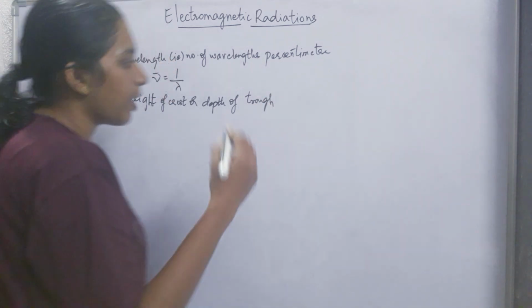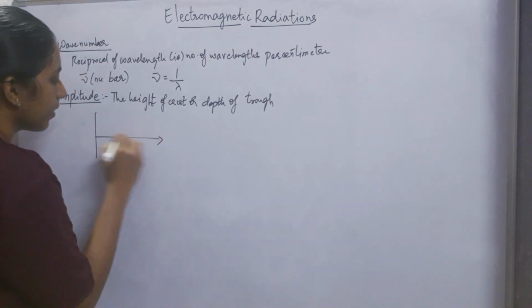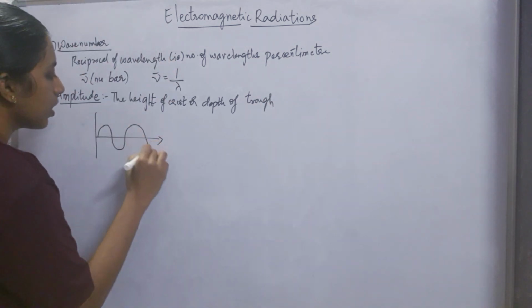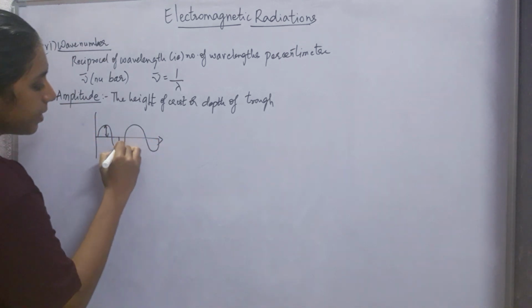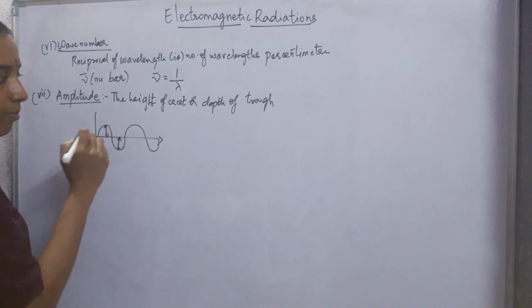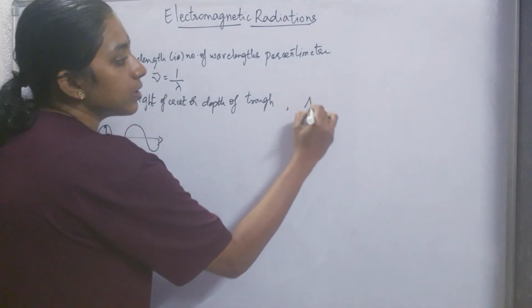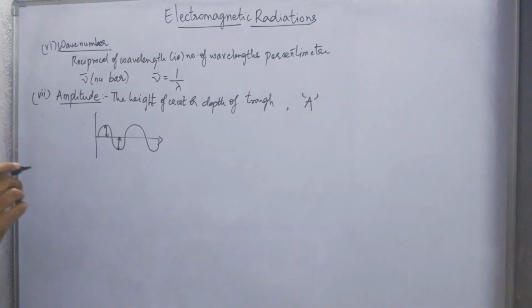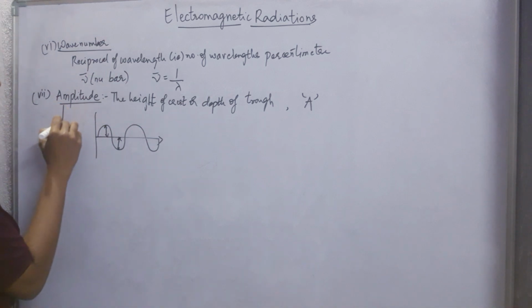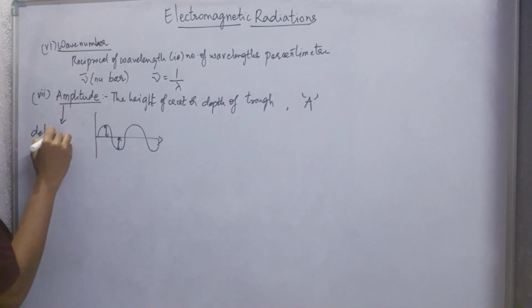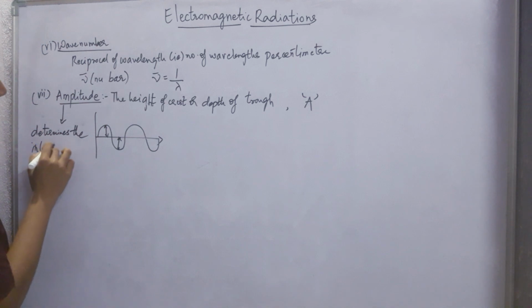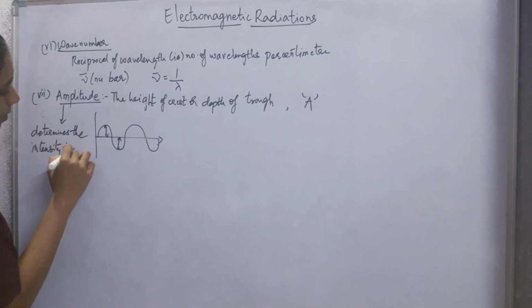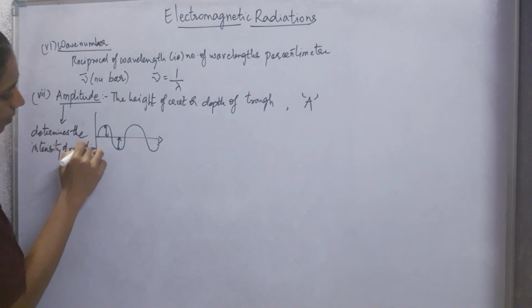Okay, the height of crest or the depth of trough is called amplitude, and it is denoted by capital A. So this amplitude determines the intensity of radiation.